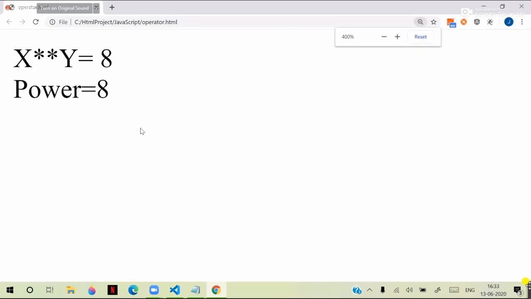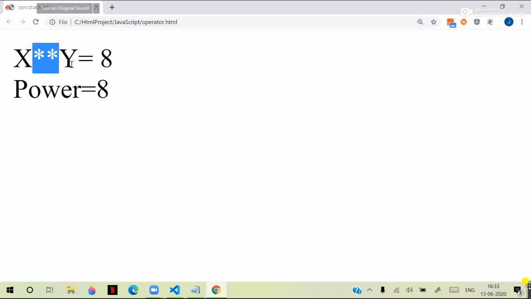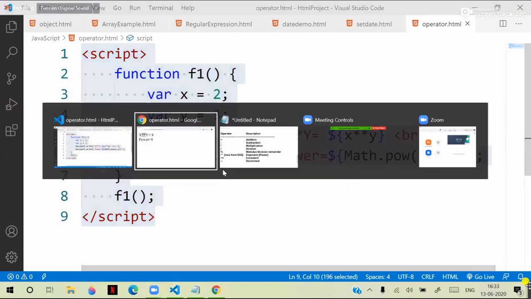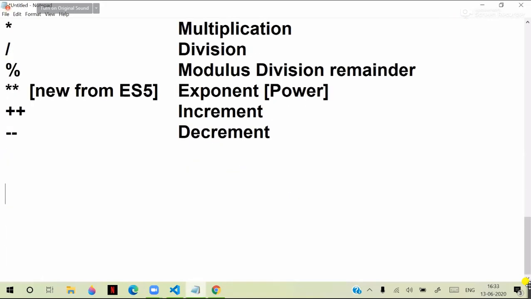You can see both values are the same. In the older version, we need to use the second technique. We don't have this operator. Now we have this special operator, the power operator, exponent. So we can use this operator in the latest versions.